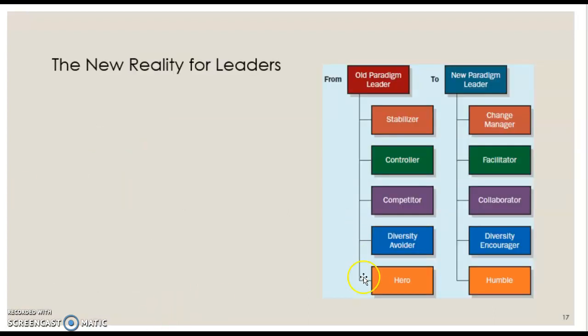So, leaders are changing. And leaders are changing because the world's changing. What we expect, an old paradigm leader is someone who told people what to do. They were a hero, or they were somebody that kept things status quo.